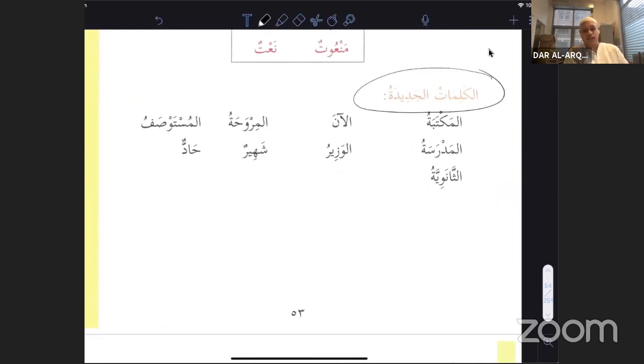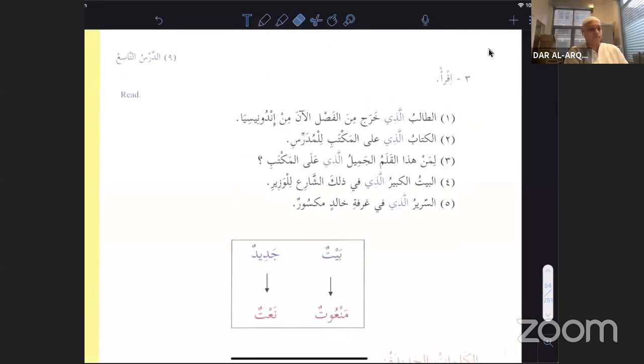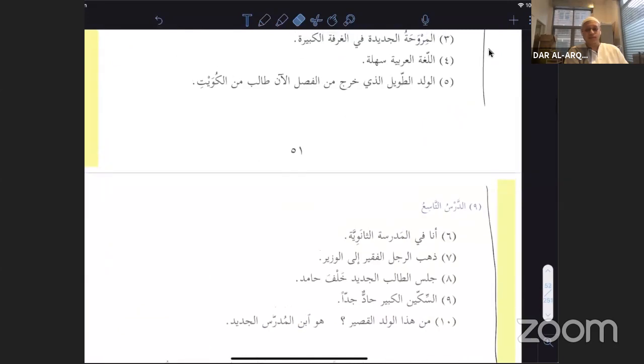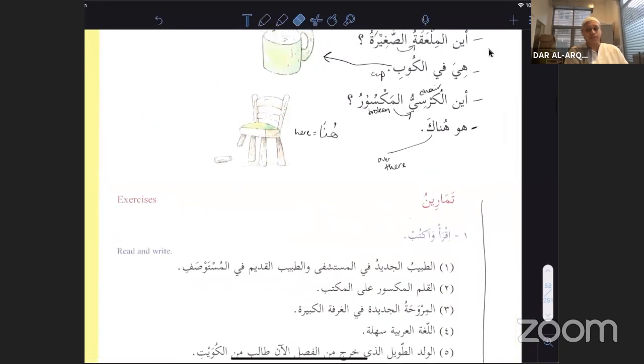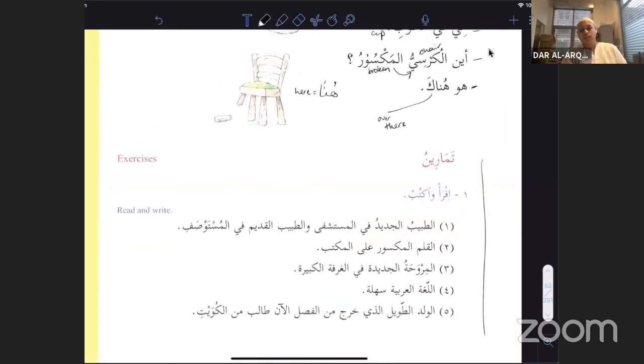All the new words, they write down in English at the bottom of this document, right at the end. That's just some fa'idah for you guys. Any questions, brothers and sisters? If there's no questions, then we'll conclude the lesson here. I'll just give 30 seconds. Put down any questions.